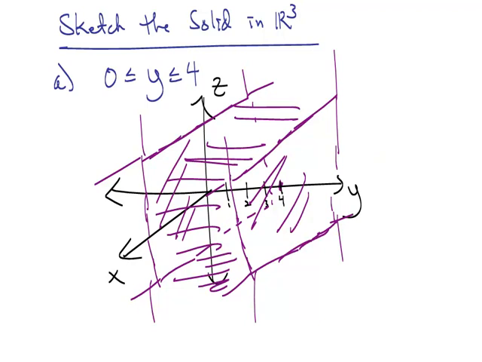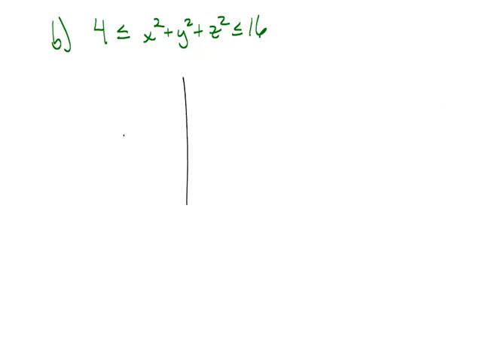Let's try one or two more of these. Let's say I want to sketch this inequality. I want x squared plus y squared plus z squared to be greater than or equal to 4, and at the same time less than or equal to 16. Hey, no problem, right? Well, let's think about what we have here.